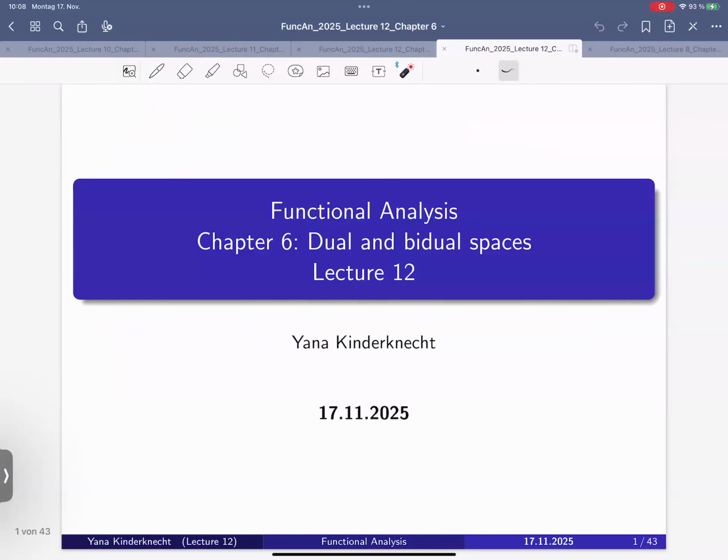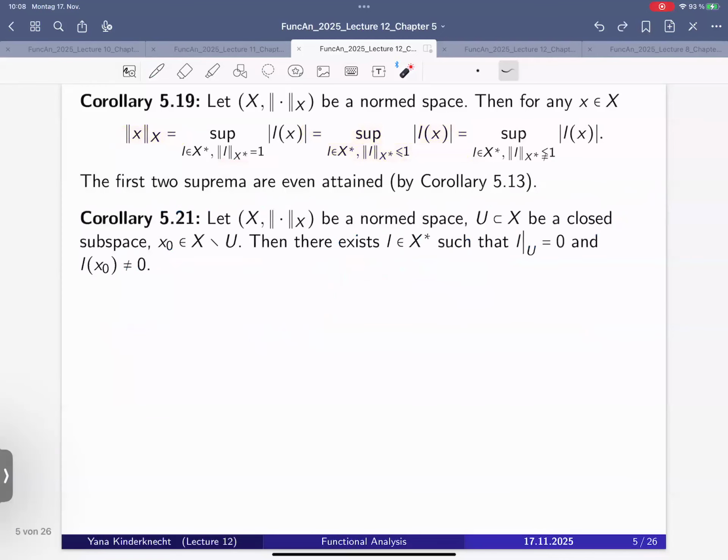Corollary 5.21. Let X be a norm space, U a closed subspace, and X0 an element which is not in U. Then there exists a continuous linear functional L on X such that L restricted to U is just 0, but L at the point X0, which is not in U, is not 0.